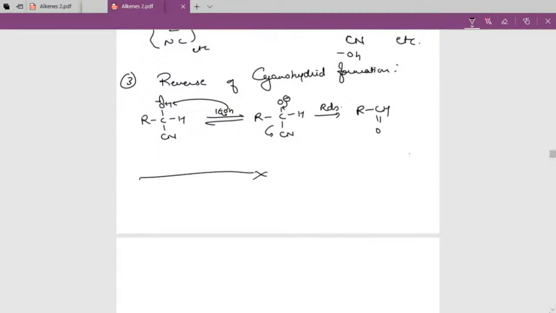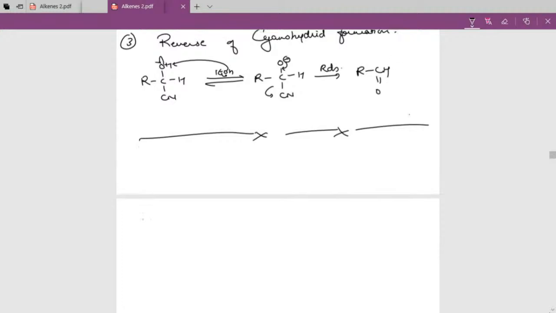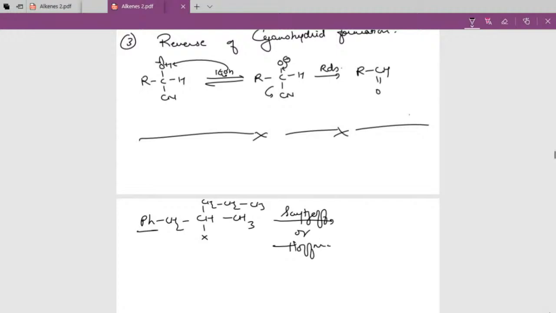One point I would like to add in a conclusive note, that if you have a choice of PhCH2CHX-CH2CH2CH3, whether this reaction would have been Saytzeff or Hofmann, whatever the conditions are, once a double bond possibility with Ph comes, then irrespective of it being Saytzeff or Hofmann, the double bond always goes in conjugation with Ph.